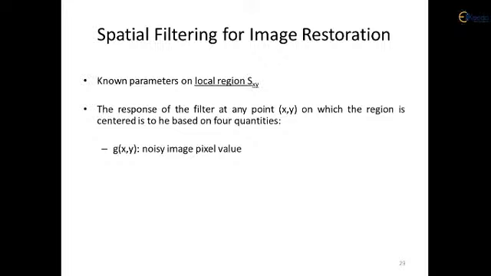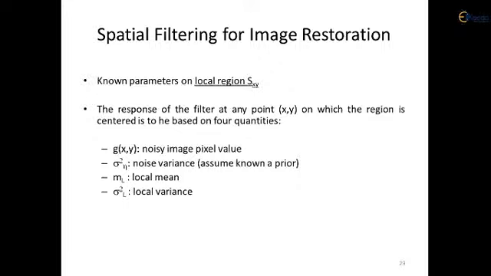This is the input image we are considering for this filtering, so this is the noisy image pixel value, where g is the value and xy is its location in the image plane. Next we have sigma square suffix n, the variance of the noise. We assume a known prior parameter like this. Then we consider a local mean represented by m suffix L, and another variance at the local level, represented by sigma square suffix capital L. Here we expect the behavior of the filter in a few steps.